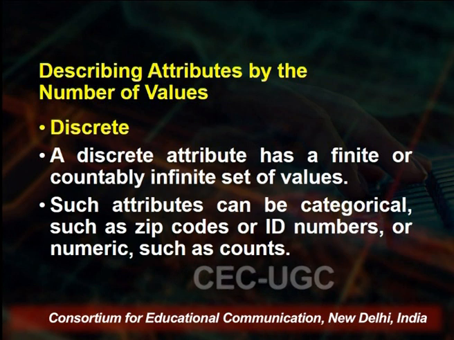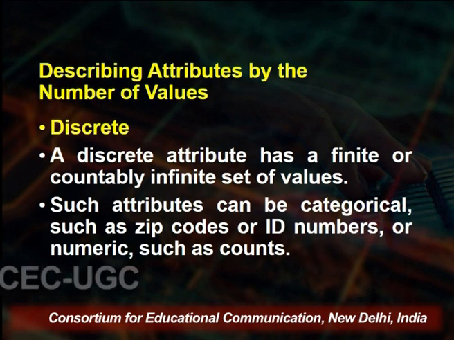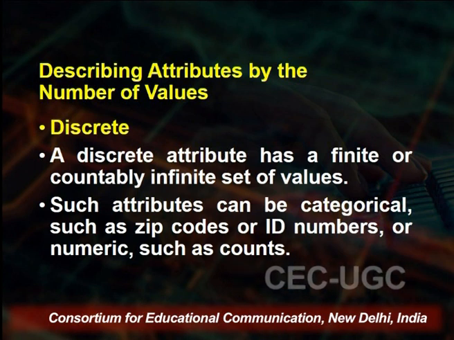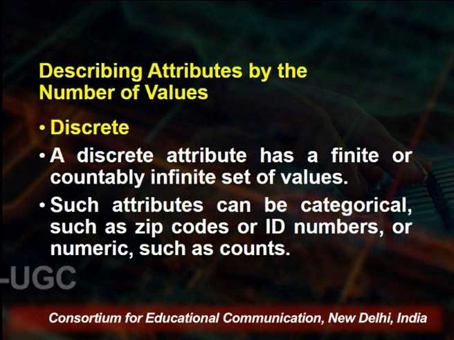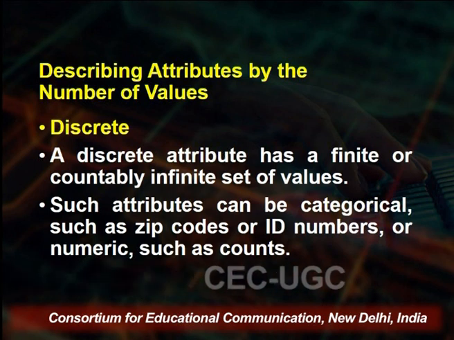Discrete attribute means the values are a finite or a countably infinite set of values. They can be categorical, such as zip codes, ID numbers, or counts. We cannot say how many IDs for employees will be needed. As the number of employees grows, the number of IDs will also grow, so it is an infinite set of values.